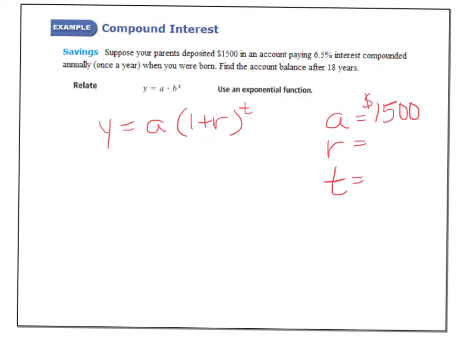And remember, you can't use the percent. You need to use the decimal form. So you take your 6.5% and you need to divide it by 100, which means the rate at which they're going to pay you is 0.065. And then the time is how much time is going to go by where your interest is being compounded annually, and that is 18 years.